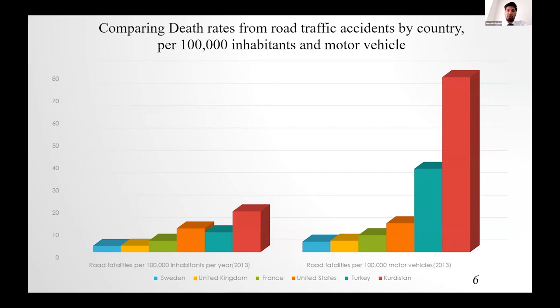We have two comparisons here. On the right-hand side, we see car crashes per motor vehicle: about 1 million motors in Iraq, per 100,000. So we will see a lot of risk here compared to other countries. On the left-hand side is the data per inhabitants, the people in Kurdistan. As I told you, we have 5 million people there. It's nothing, and we have a good budget there.